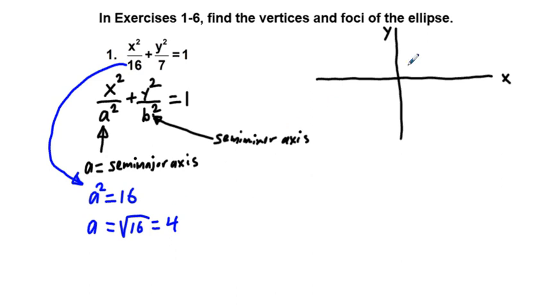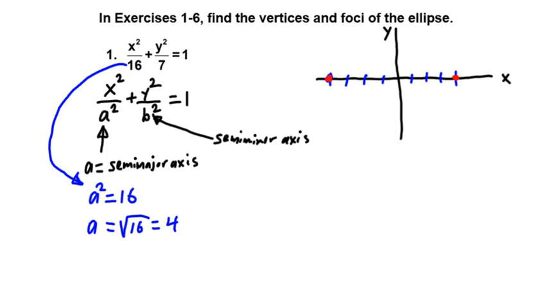The semi-major axis is the longer one, so it's going to be 4 on either side of the y-axis: negative 1, negative 2, negative 3, negative 4. These points I'm drawing in red represent the far extremes of this ellipse.